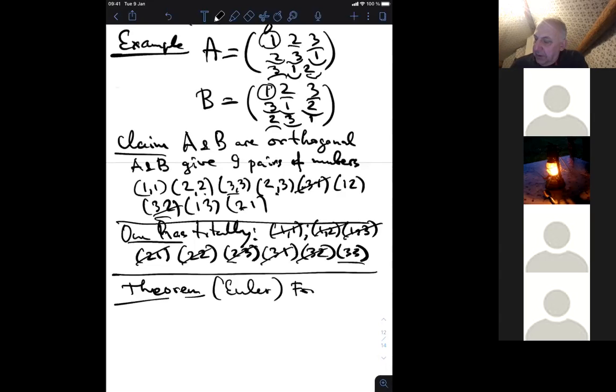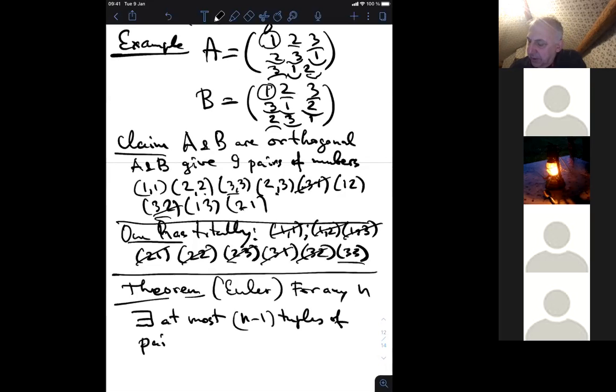For any n, there exist at most n minus 1 tuples of pairwise orthogonal Latin squares.